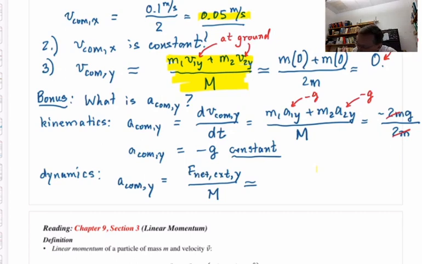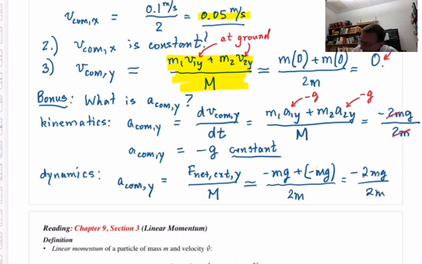So for particle 1, the external y force is negative m1 g, or negative mg, plus, now for particle 2, also negative mg. And the denominator, total m, 2m. So this is still negative 2mg over 2m. The 2m's cancel, and I get negative g.